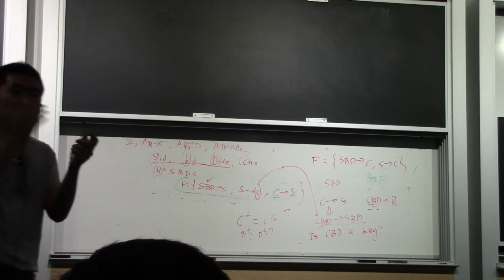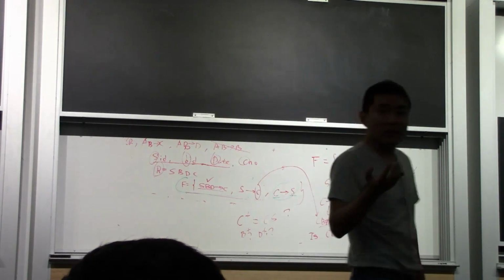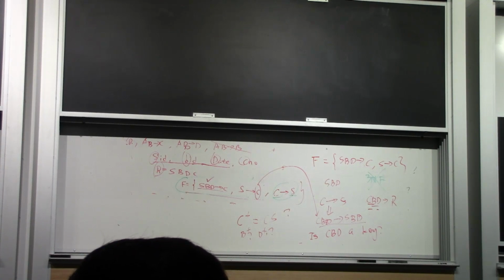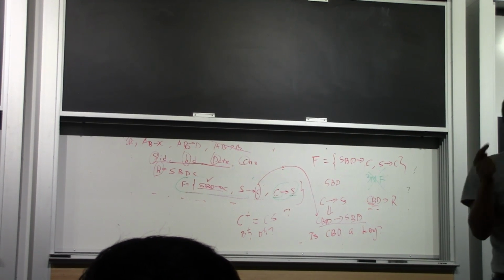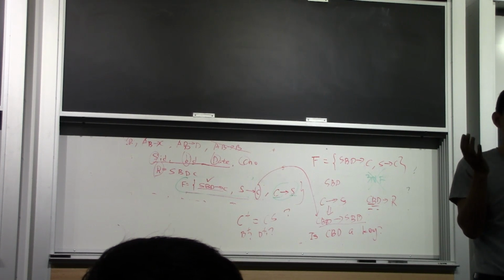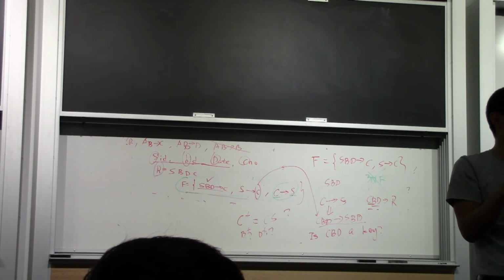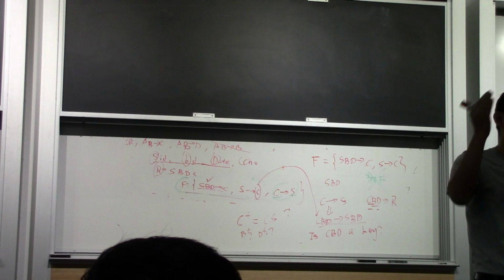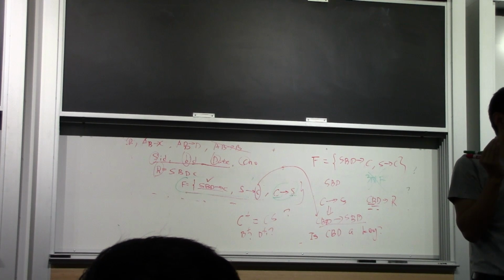Why? If you think about it, it makes a lot of sense, right? Per Dillon's earlier argument, if we only have person determining credit card, what do you have? You have that redundancy, which is that multiple persons may have the same credit card information. But now with person determining credit card determining person, you still have redundancy, because for every reservation this person makes, you are still duplicating his or her credit card values.